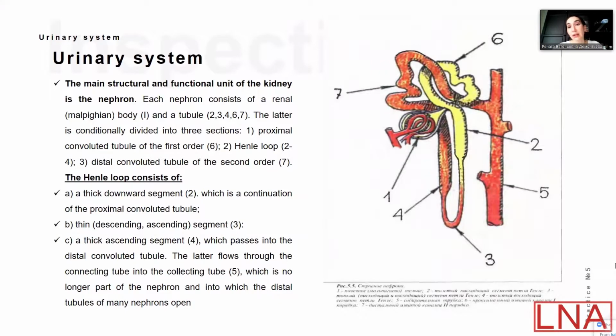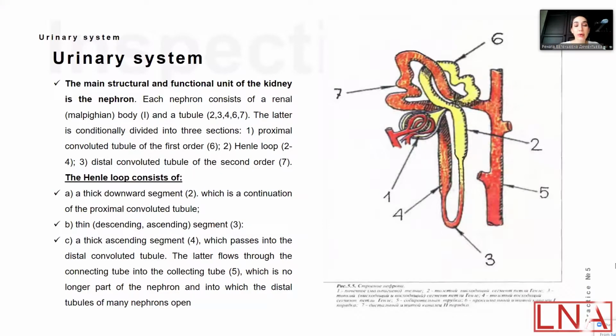In other terms, the Henle loop consists of a thick descending segment, which is a continuation of the proximal convoluted tubule, thin descending and ascending segments, and a thick ascending segment which passes into the distal convoluted tubule.